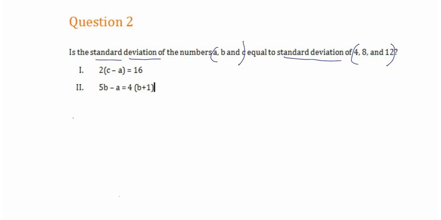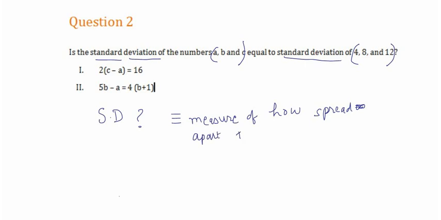So let us first understand what is standard deviation. Standard deviation is nothing but a measure of how spread apart the data points are from the mean, and it is denoted by sigma.